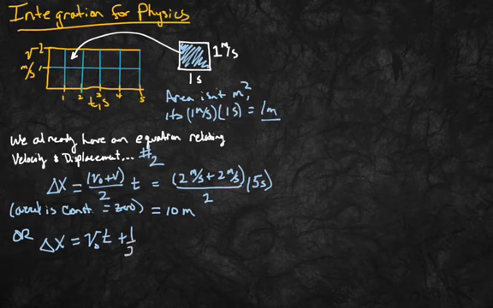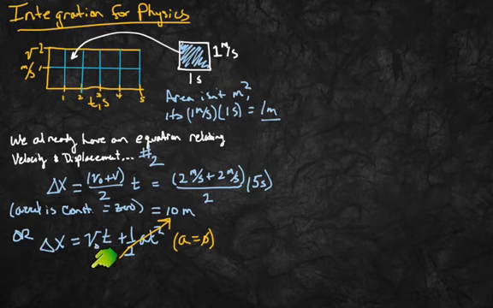Or we do it the other way, where delta x equals v naught t plus 1/2 a t squared, which was equation 3. Acceleration in this case equals 0 again, and because it equals 0, we can cancel out the 1/2 a t squared. We're left with delta x equals v naught t.